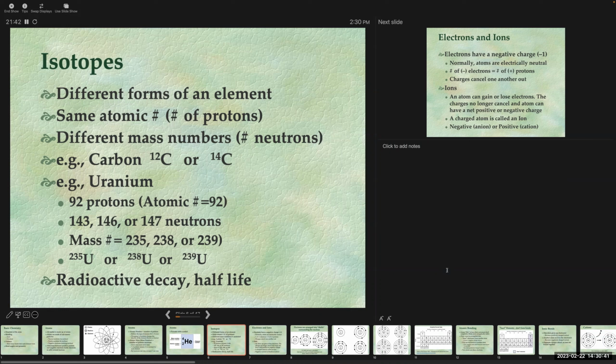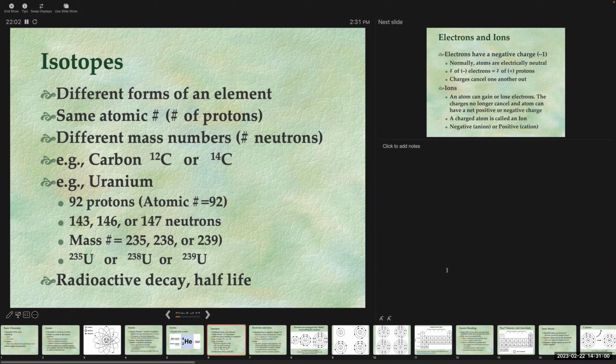Another example of an element that has isotopes, many elements do have isotopes, probably most of them do. Uranium always has 92 protons, so we would say uranium has an atomic number of 92.